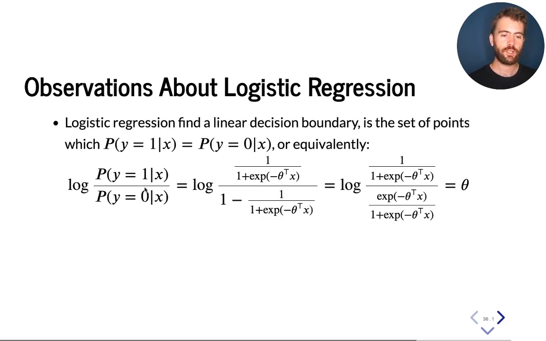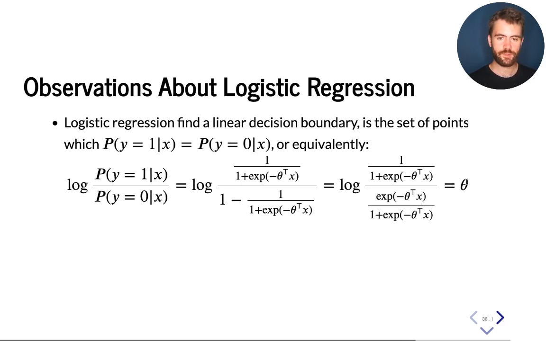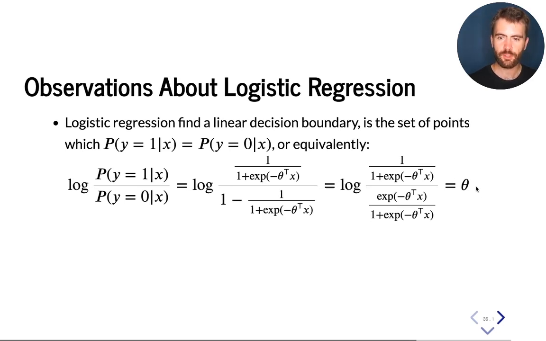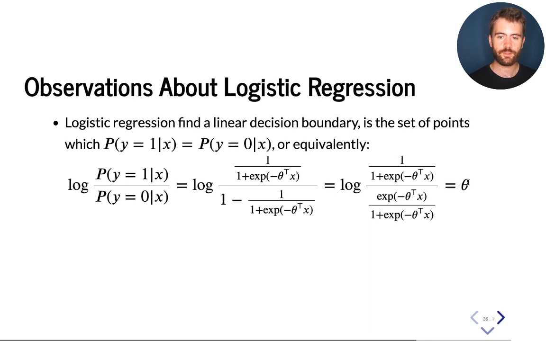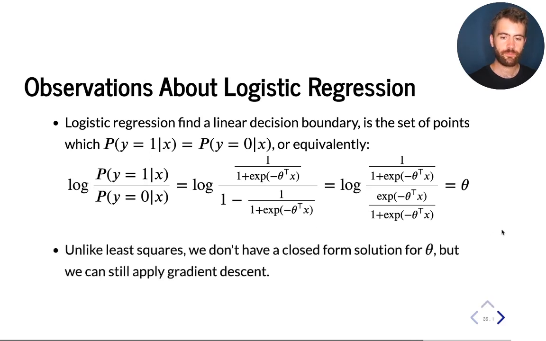Here I have the ratio of the two classes, and at the boundary this ratio is equal. If we work out the math, unfortunately my slides are a little bit cut off here, but this is going to be theta transpose x, a linear function. So this ratio of the two probabilities is going to be a linear function, which means that our boundary is linear.